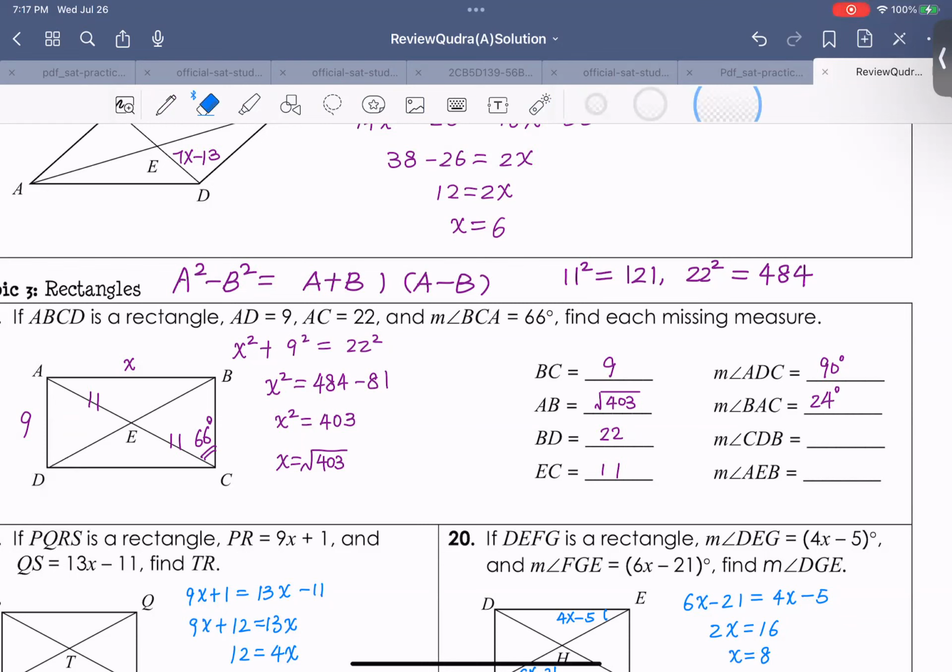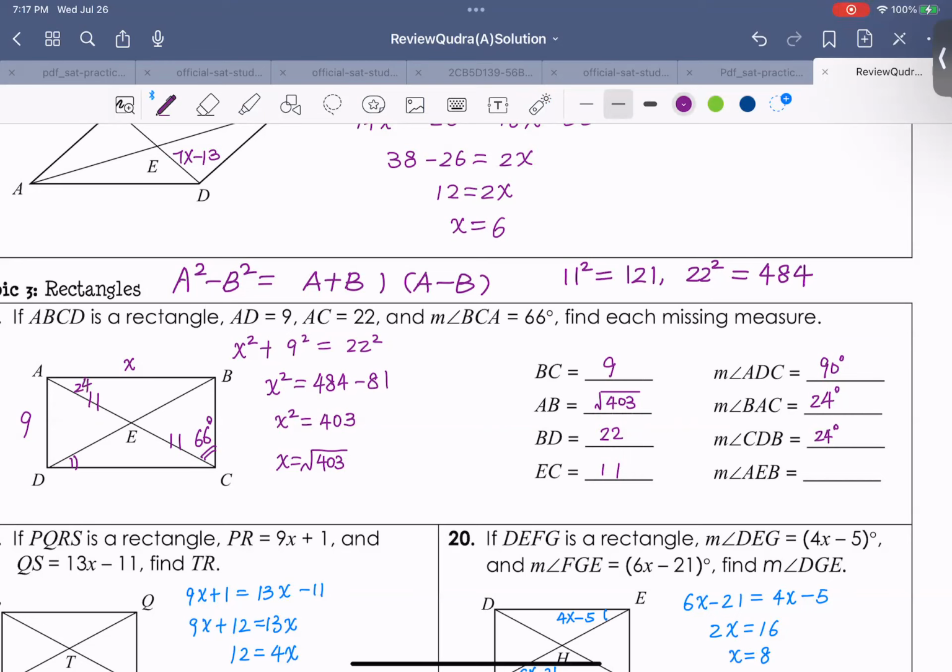90. This guy. Did you notice that actually this angle equals this angle? Yeah, 24, 24. And then this one, AEB. See here, this is 24.